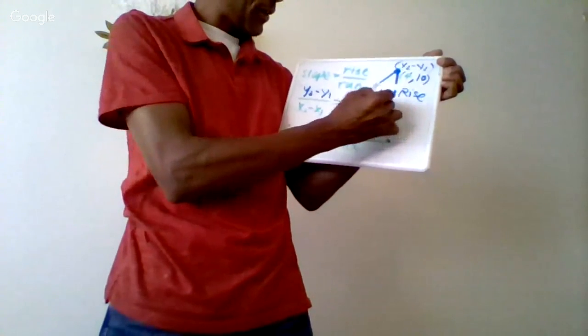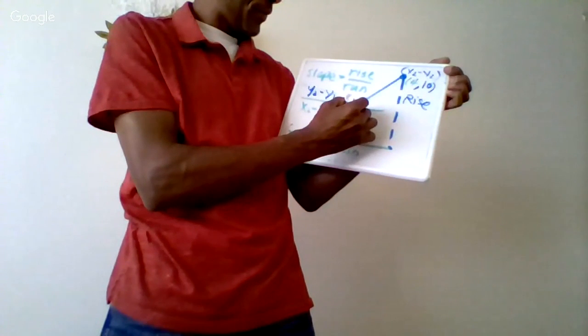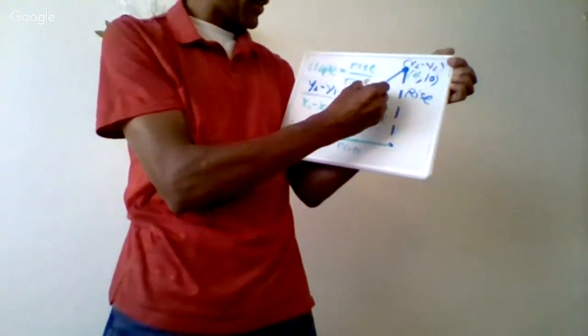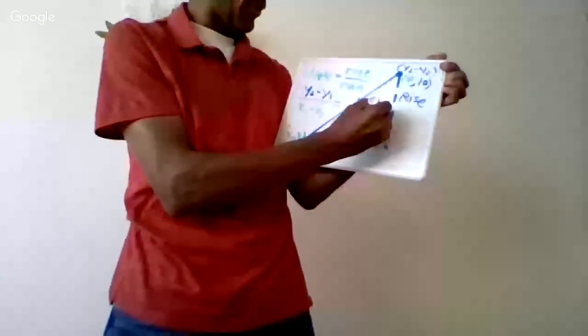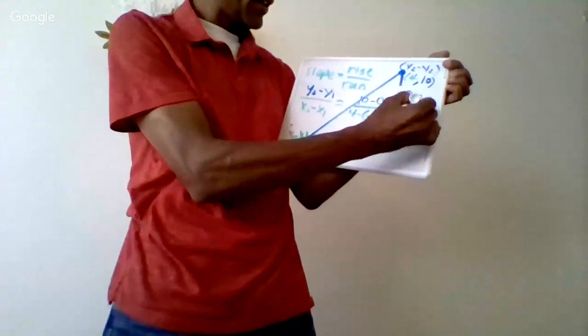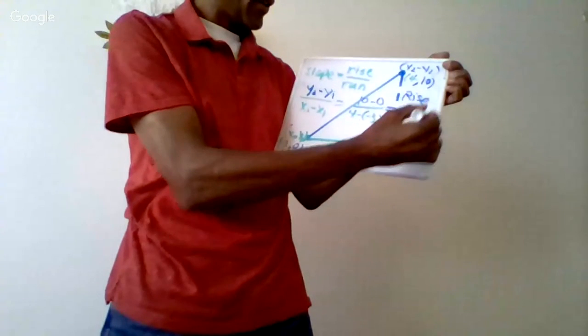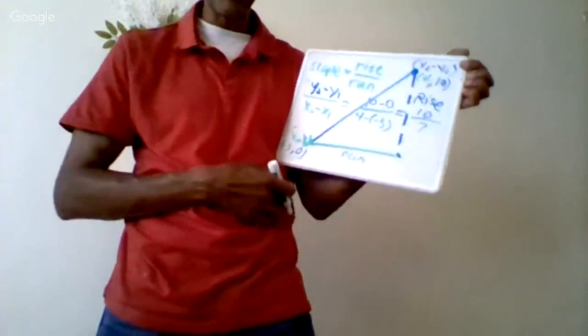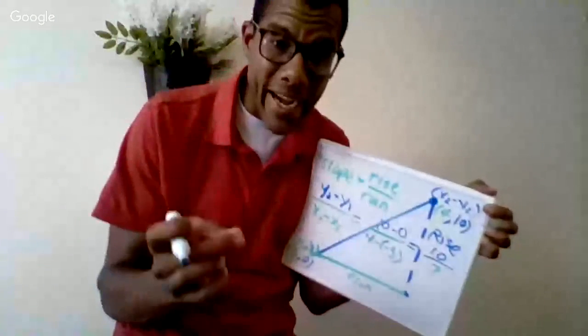I'm throwing something at you that you're definitely going to run into. The 10 minus 0 is easy because that's a positive number, so we get 10 over 7. You're like, wait a minute, that's 4 minus 3, right? No, it's 4 minus -3.